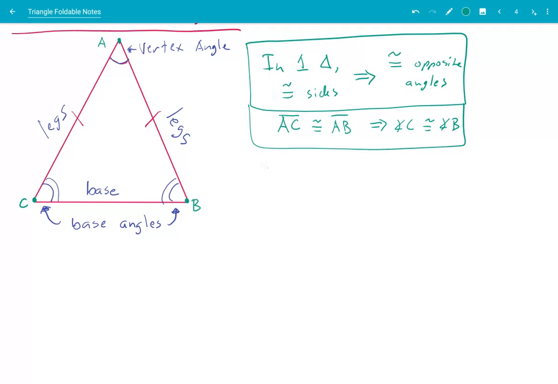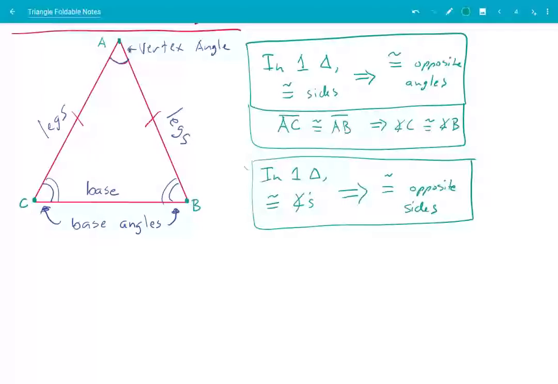Likewise, we can say this. In one triangle, congruent angles imply congruent opposite sides. So there's our second implied statement. And we could say basically that the other way around.